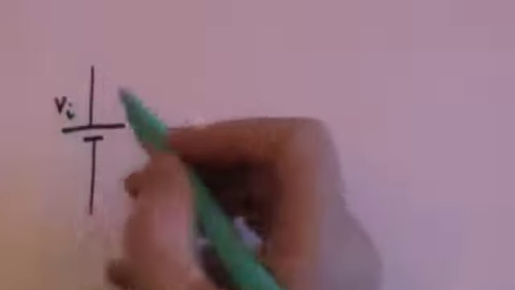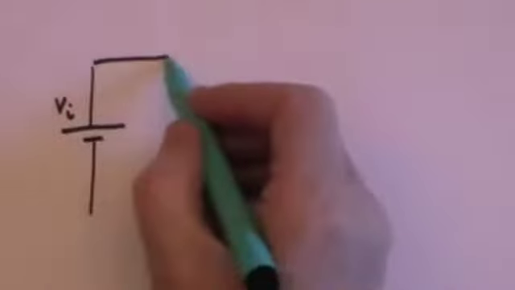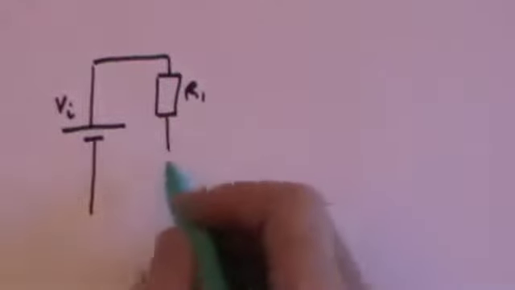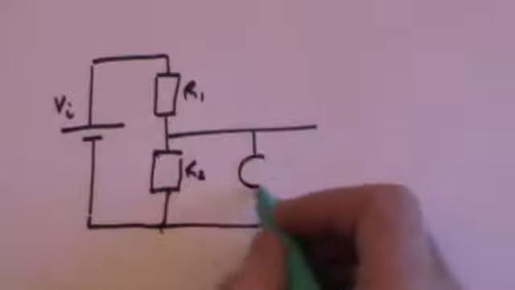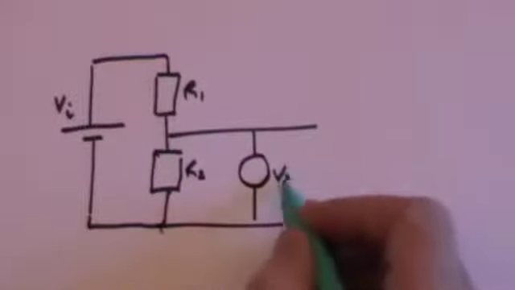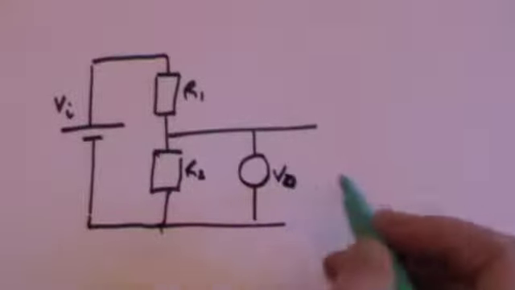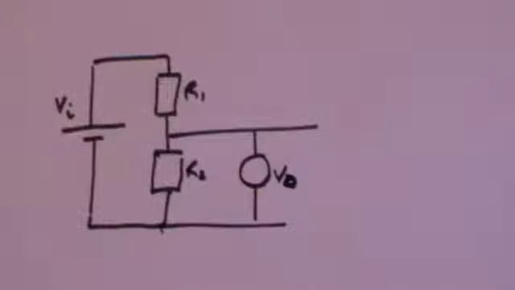So now it's just going to be the input voltage VI going through R1 and then R2, and we're going to take the output voltage across R2. So that's the output voltage VO.